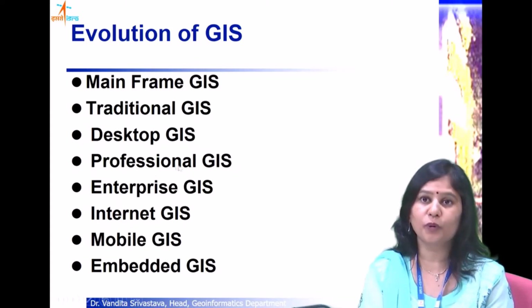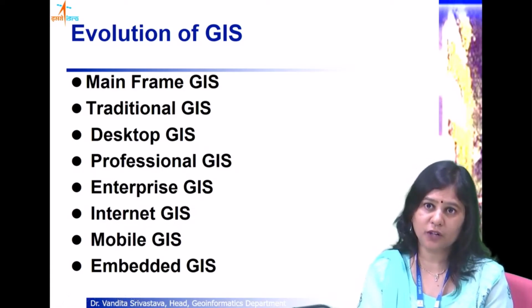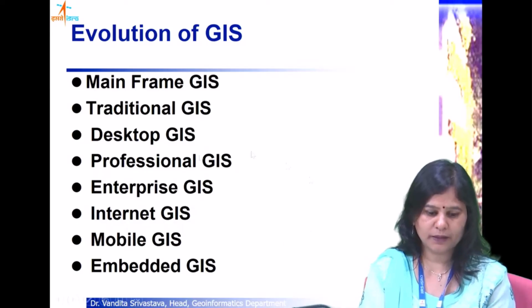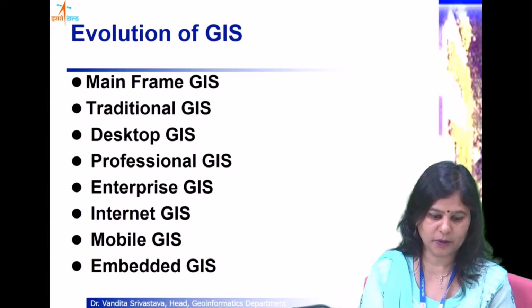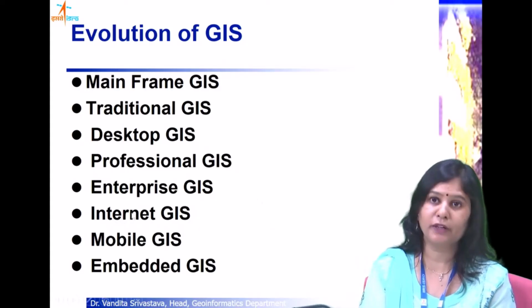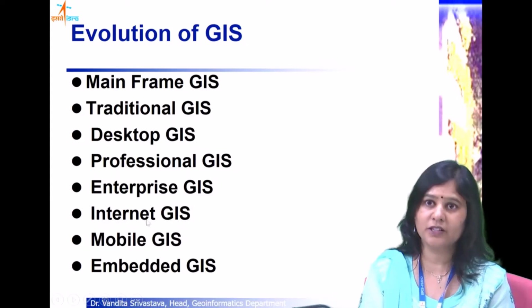Then the era of professional GIS started, wherein people used a more advanced and professional version for a specific application. And then enterprise GIS came, wherein GIS is not just on a desktop but distributed over various segments of the enterprise. And then with the development of the internet in the late 90s, internet GIS came.